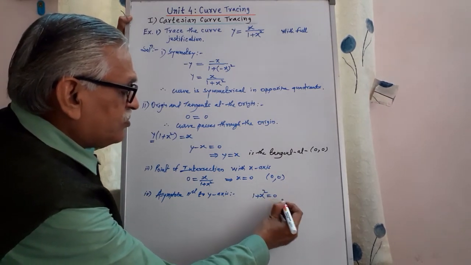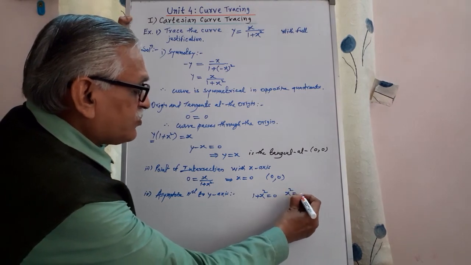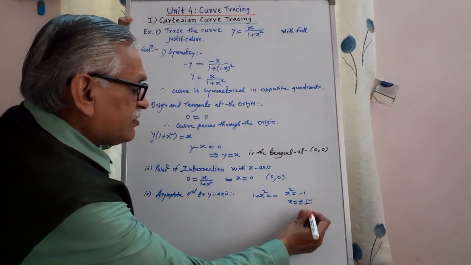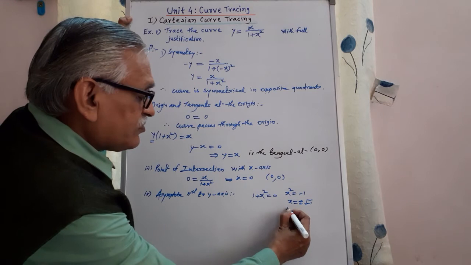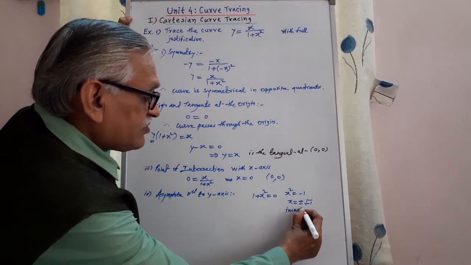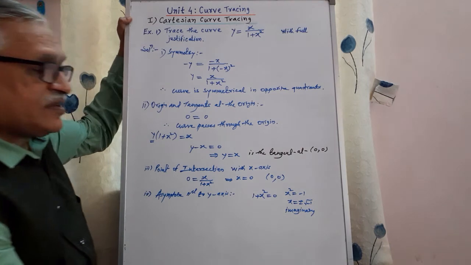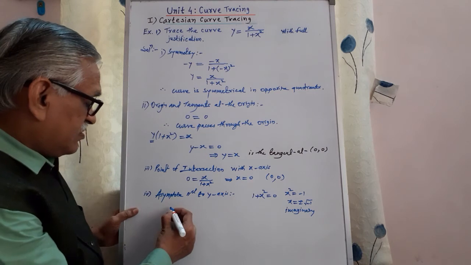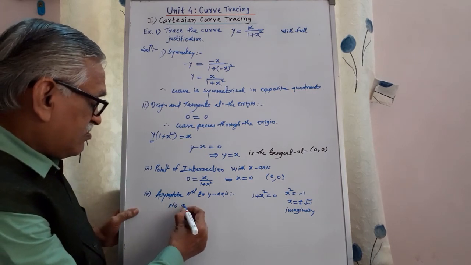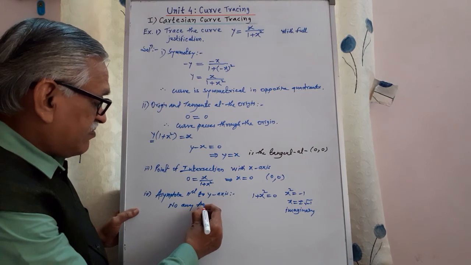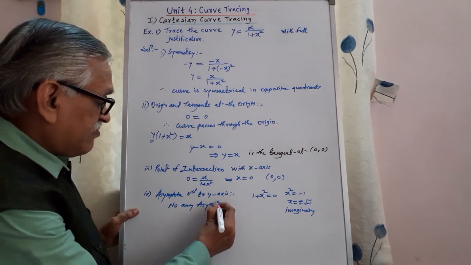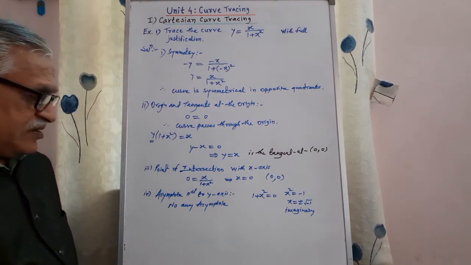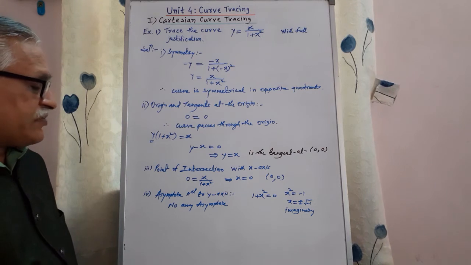Equate that coefficient to 0. It gives you x square is equal to minus 1 and x is equal to root of minus 1, means imaginary asymptote. Means no any asymptote parallel to y-axis.